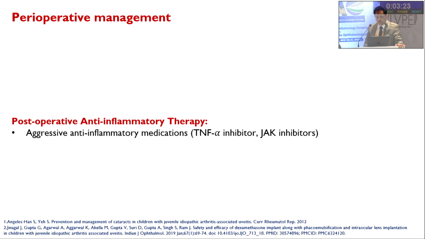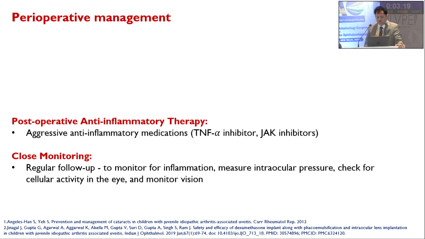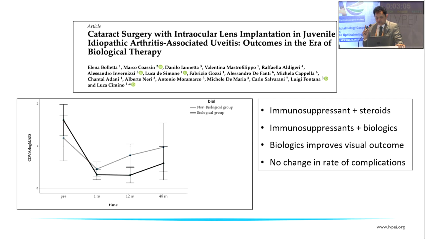One important thing is, even after surgery, you have to go for aggressive anti-inflammatory treatment, and regular follow-up is very, very important, especially for the intraocular pressure and the inflammation. And if you do better counseling, you will have a better outcome.